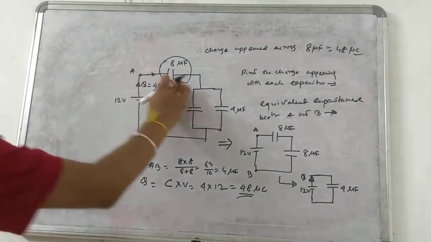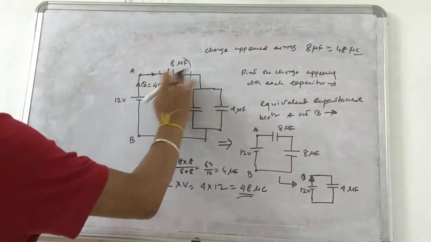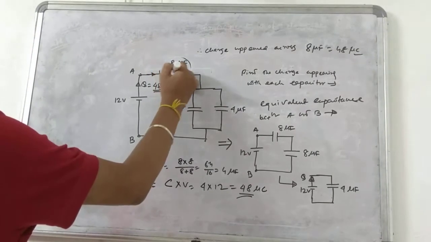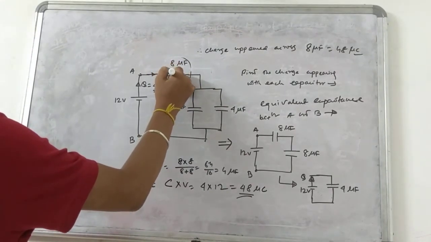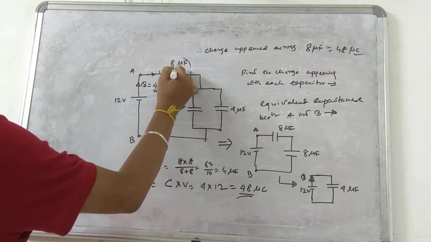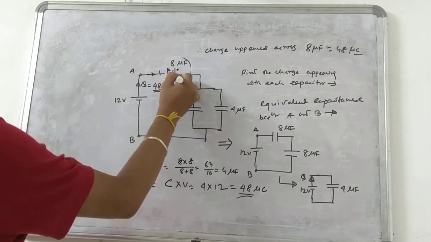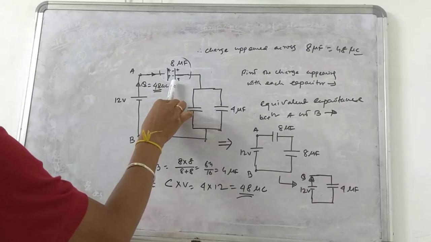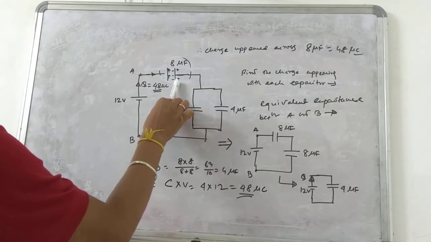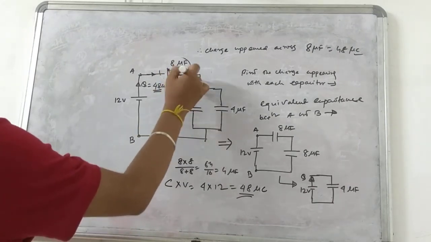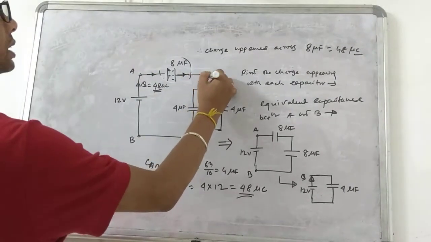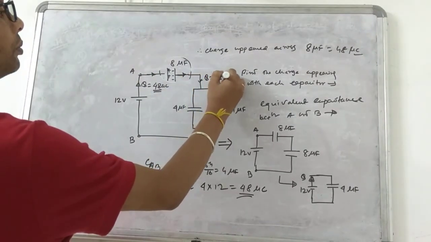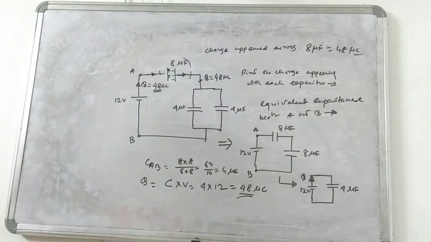And how does this happen? That means this positive charge appeared here, negative charge appeared here, again positive charge on the other side. The charge on this side, 48 microcoulomb, flows through this wire, that means this charge is again 48 microcoulomb. Okay, this is the principle.